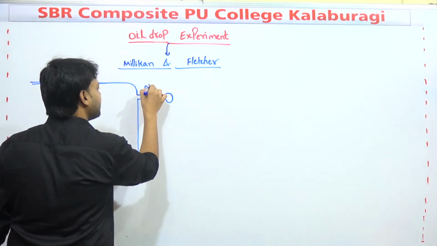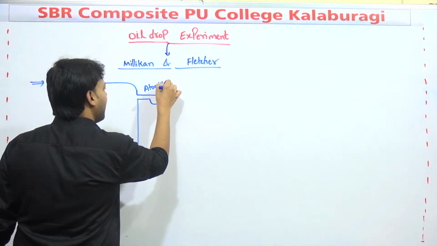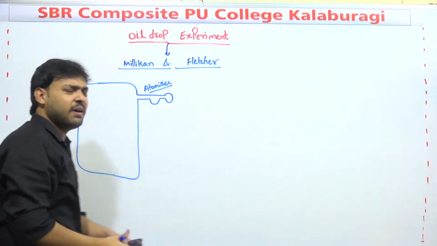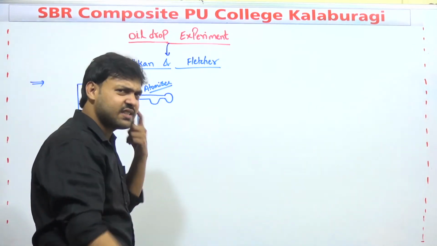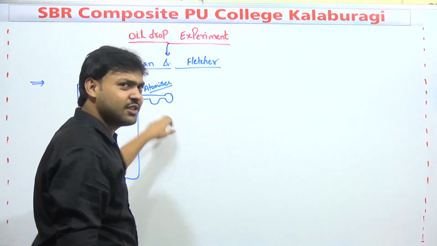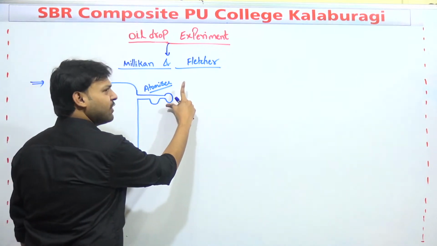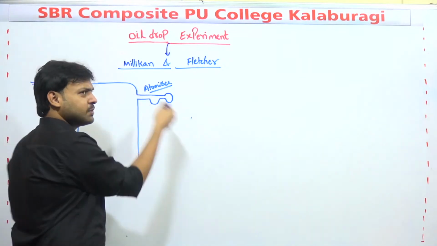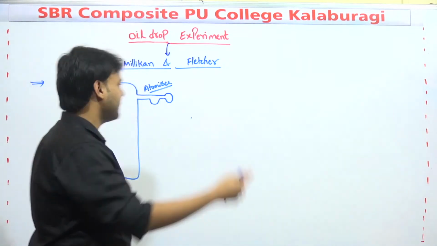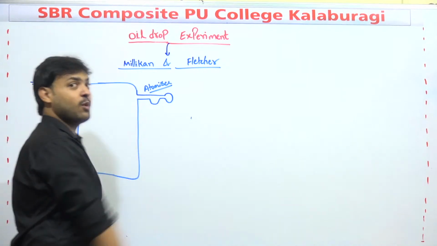What do you mean by atomizer? In 11th fluids, I think we discussed this. If you press this bulb, what will happen? The water drops or any liquid drops will enter this chamber 1.